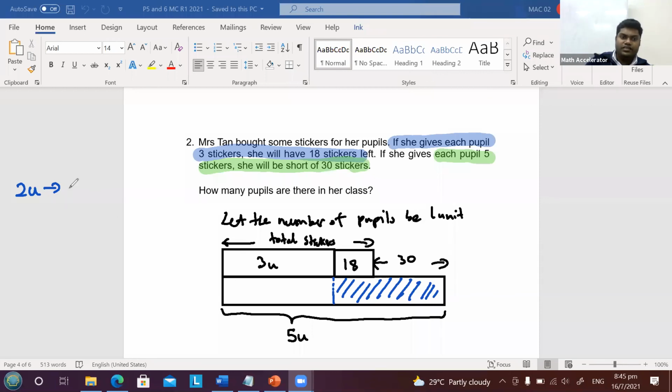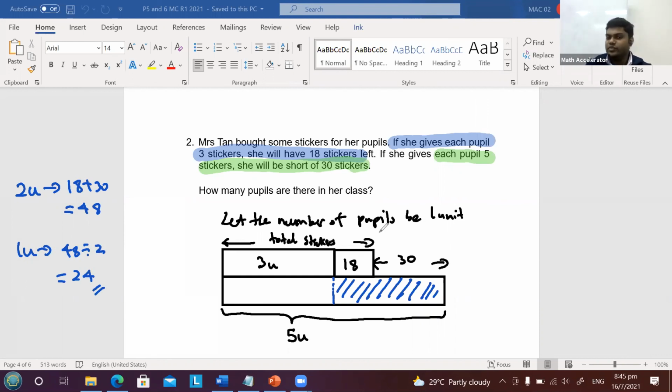Correct. 18 plus 30 should give you 48. So if 2 units is 48, 1 unit is simply 48 divided by 2. Okay, 24.